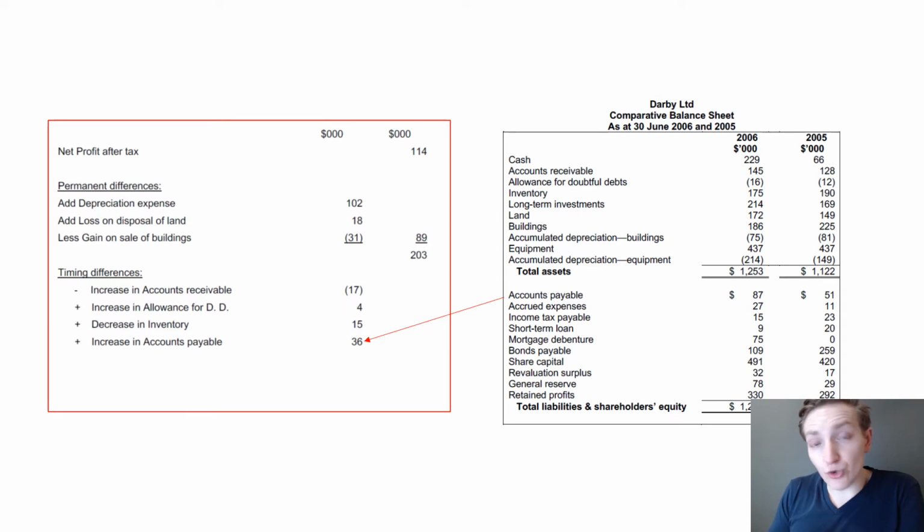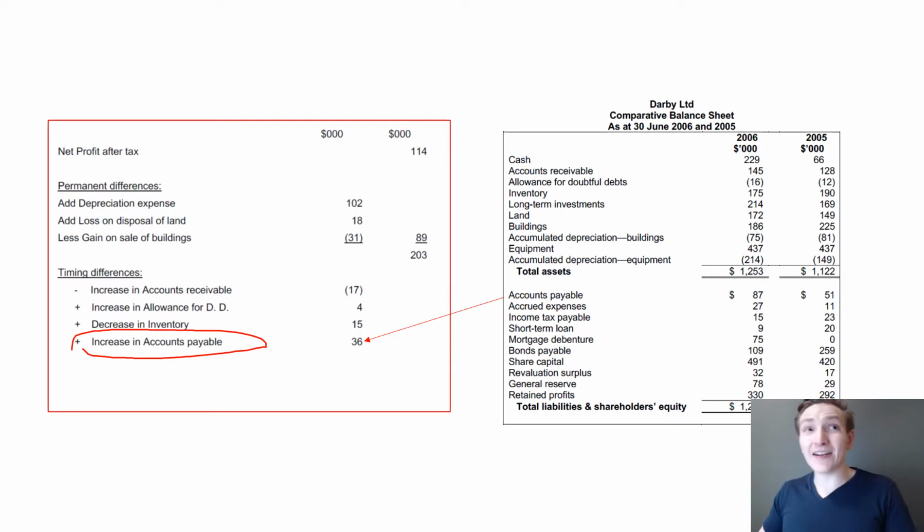Now what you also need to do is deal with accounts payable. If you've increased your accounts payable, that effectively means there's been a kind of hoarding of cash, i.e. you have paid off fewer of your short-term debts. As a result, you need to add back any increase in your accounts payable. So here the accounts payable went from 51 up to 87, suggesting you need to add back 36 in this case.